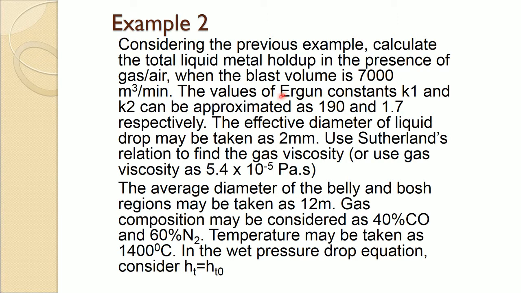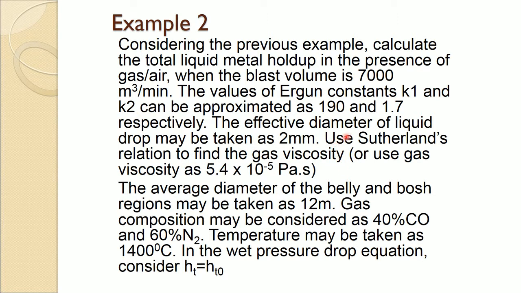The value of Argon constants K1 and K2 can be approximated as 190 and 1.7 respectively. The effective diameter of liquid drop may be taken as 2 millimeter. So, already the TL is given here. So, use Sutherland's relation to find the gas viscosity.